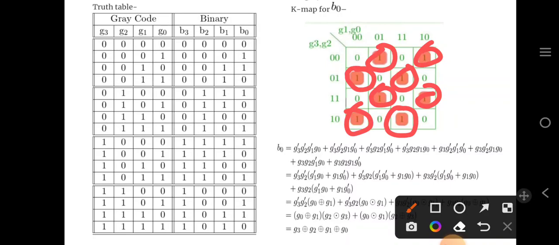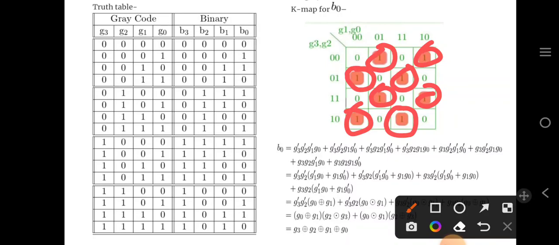Remember one thing: if the group is larger then the equation will be smaller, and if the group is very small, meaning it has a minimum number of ones, then the equation will be larger.